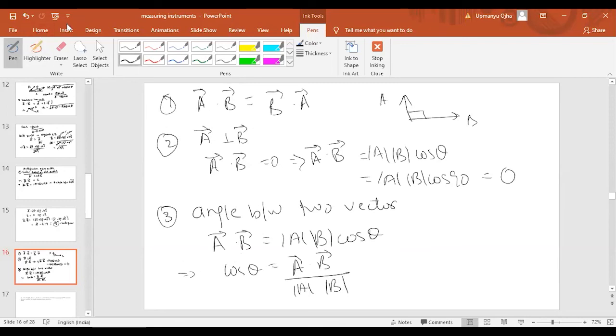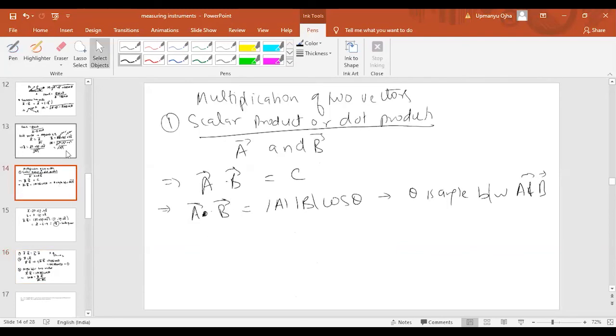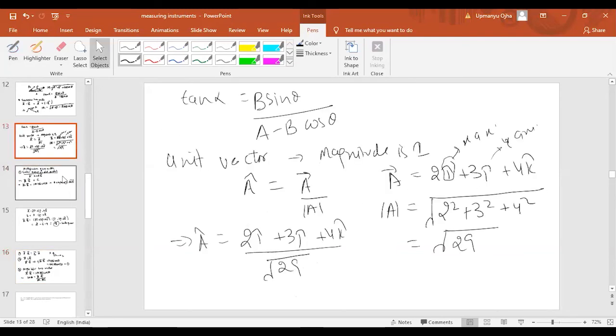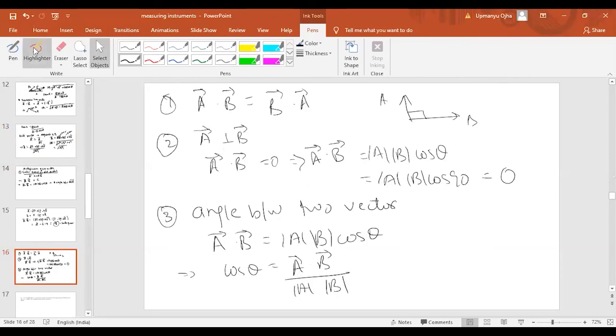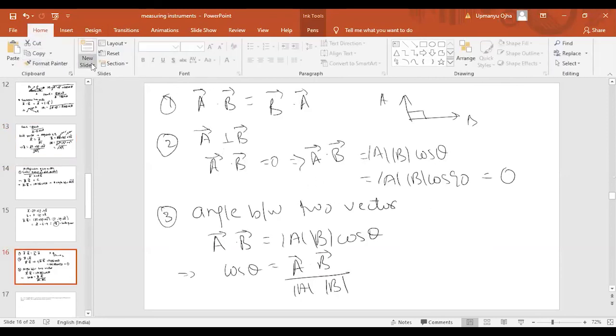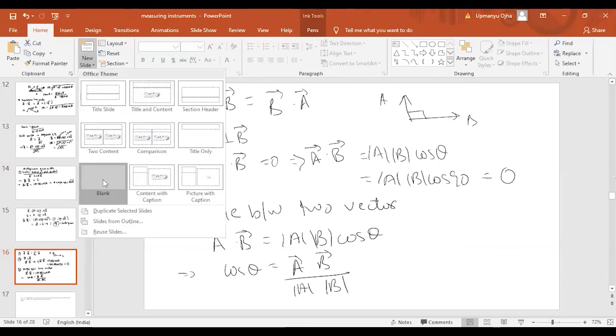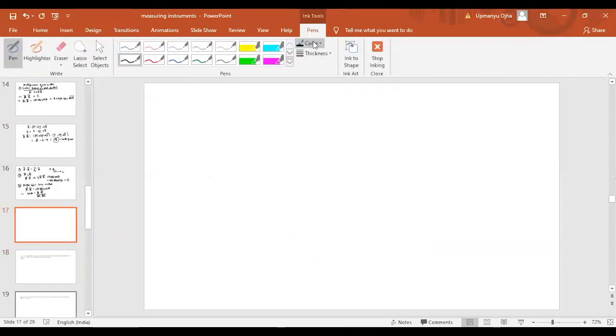Okay, well we can take one example also, like in previous example we have taken like this one. Okay, let us take one example for this. Say, okay, like if one vector is say I cap plus 2 j cap plus 3 k cap, and B vector is say minus I cap plus 2 j cap plus k cap.